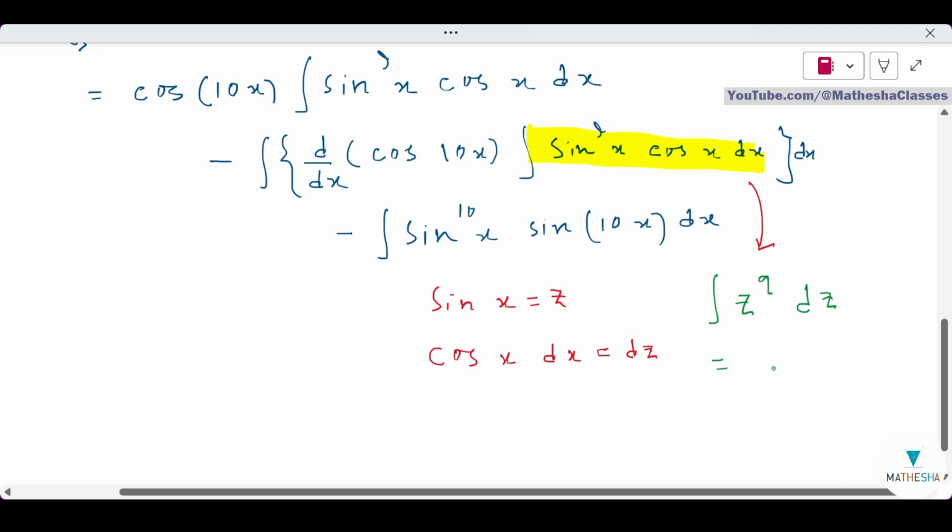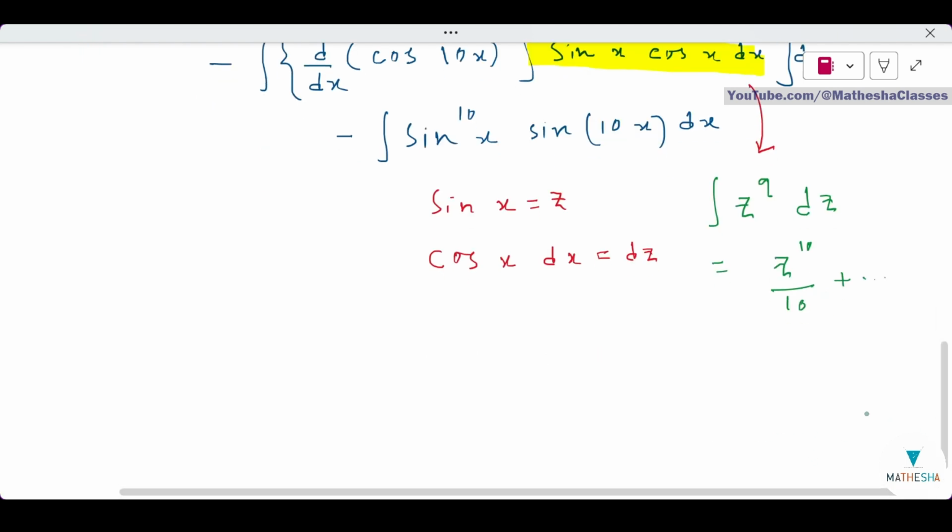So that means that will turn out to be z to the 10 by 10 plus some constant, and that means this is sine to the 10x by 10 plus some arbitrary constant.